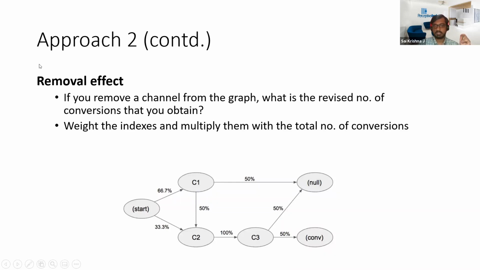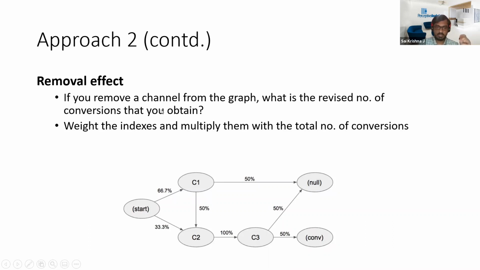So here, just like we talked about that marginal impact analysis in the previous approach, here they have something called the removal effect. So this is also similar to the attribution approach that we discussed earlier, where we say if you remove a channel from the graph, what is the revised number of conversions that you obtain?